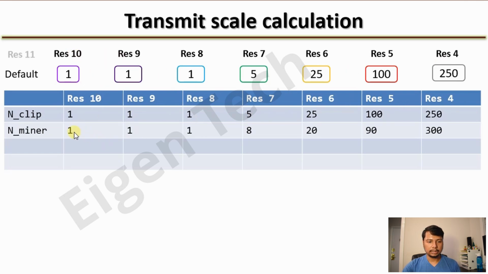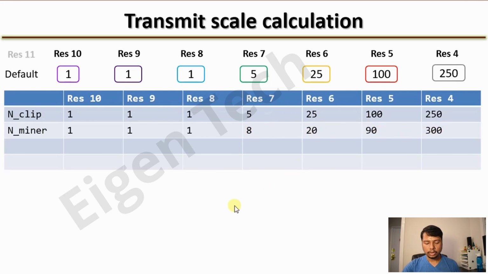And this next row is showing you the number of miners at different resolution hexes. So starting from 10 up to resolution 8, there is only 1 miner. Basically, if you have a miner in any child hex, you will always have that miner in its parent hex. In resolution 7 there are 8 miners, then 20, 90 here and 300.